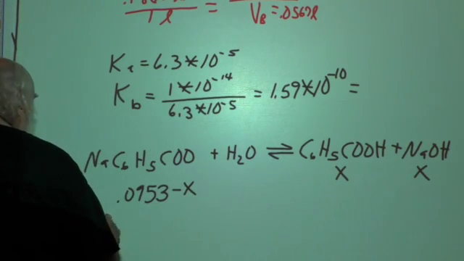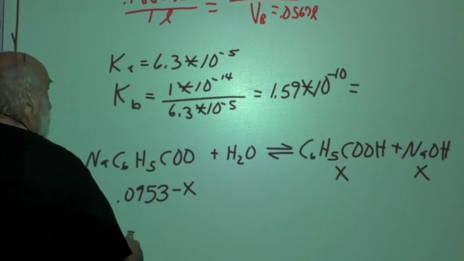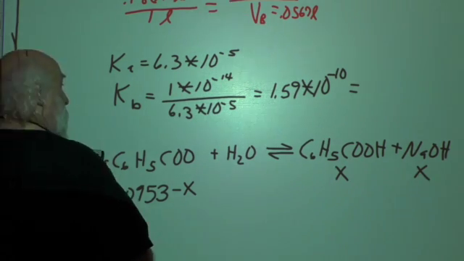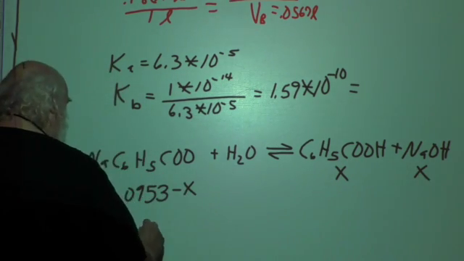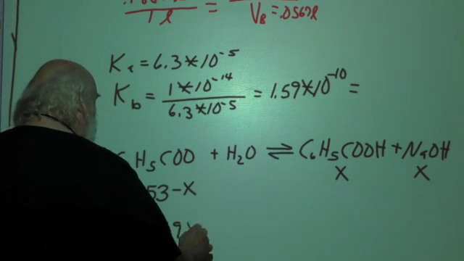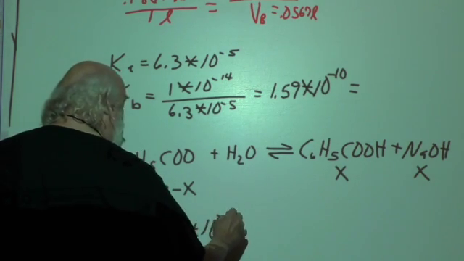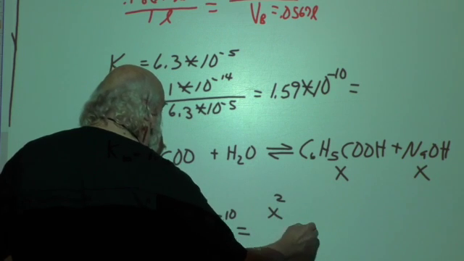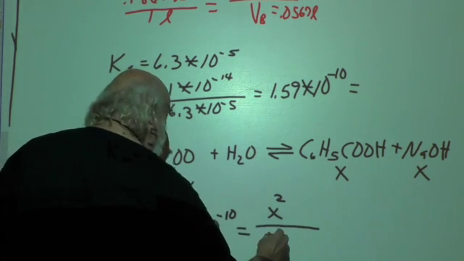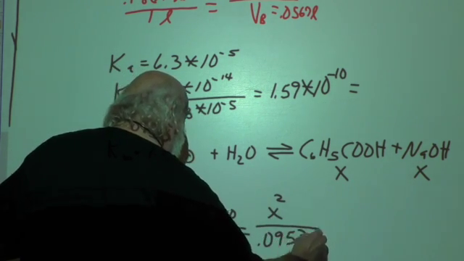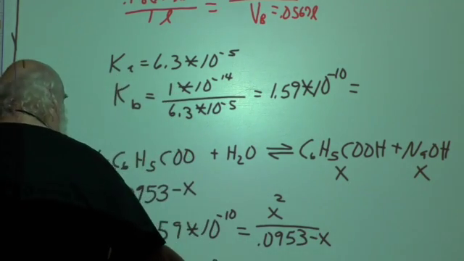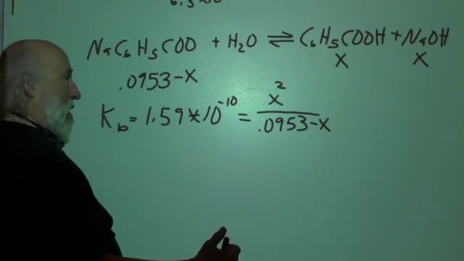So the Kb, which we said is 1.59 times 10 to the negative 10 is equal to X squared over 0.0953 minus X. Now I'm going to show you a little something here that's going to make your life a tad easier.